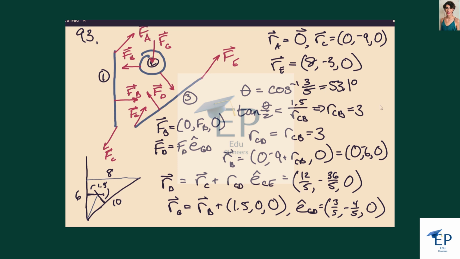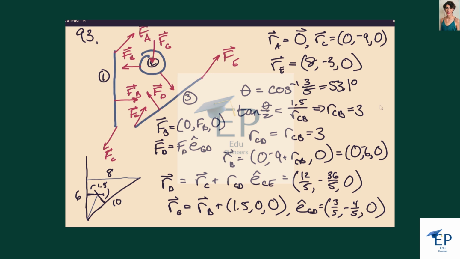CD, and so RB is 0 minus 6, 0, and then we have a unit vector from C to E, so we go that distance, C to D along that unit vector up here, and we wind up with RD is at 12/5 and minus 36/5, where that point is. So it's RC plus this distance here.